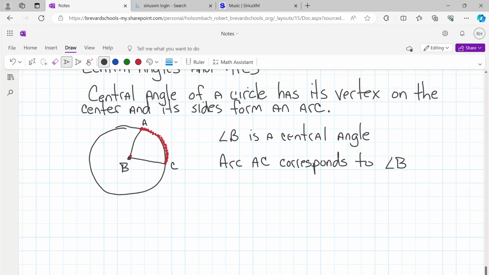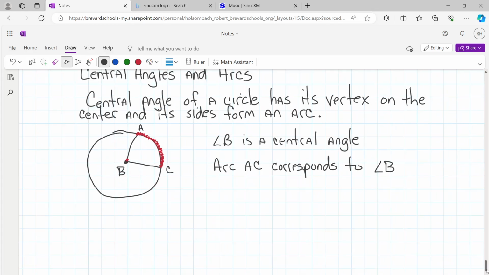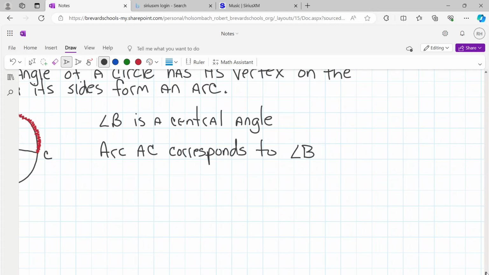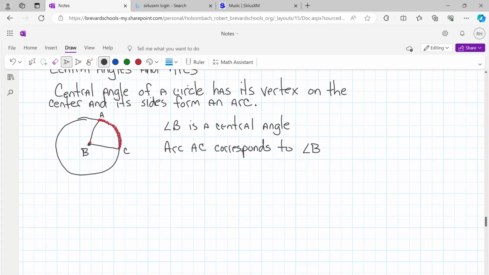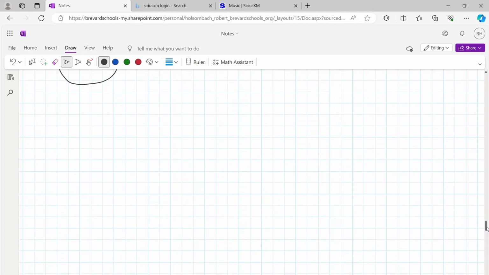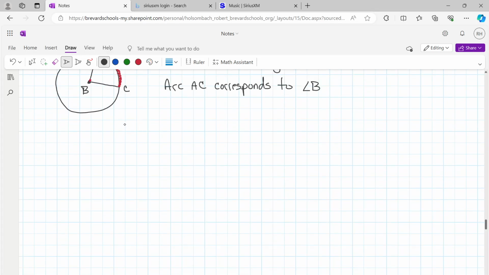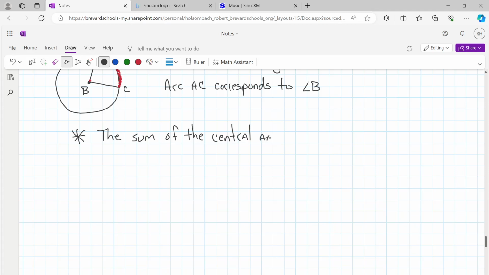So our rule that is associated with central angles is that the sum of the central angles of a circle is 360.